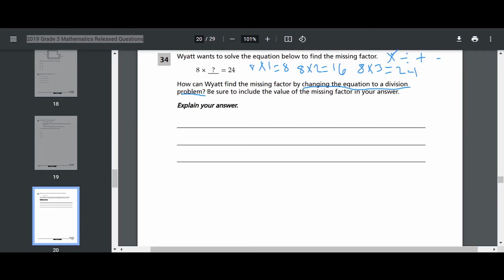Therefore, we're going to change the multiplication operation, whose inverse operation is division, and we're going to write 24 divided by 8 equals 3.